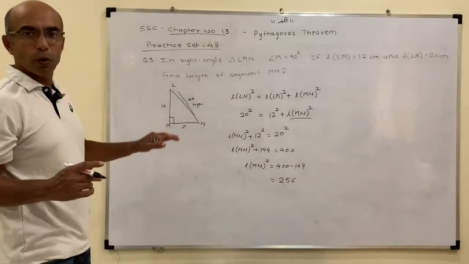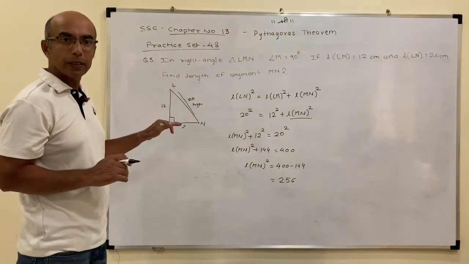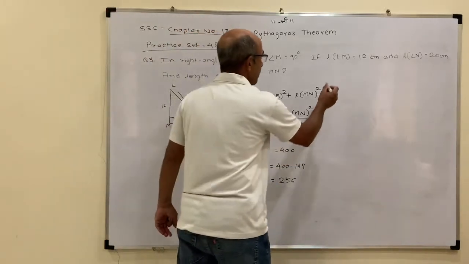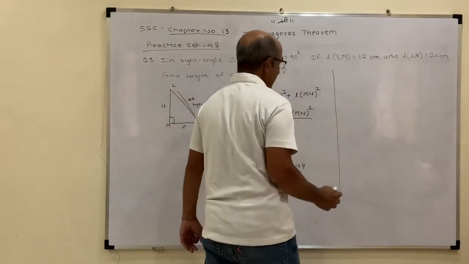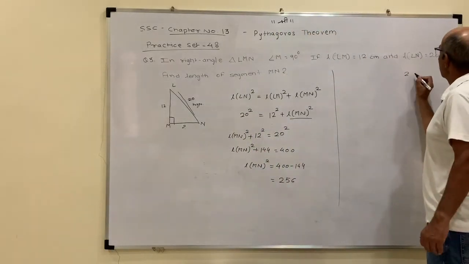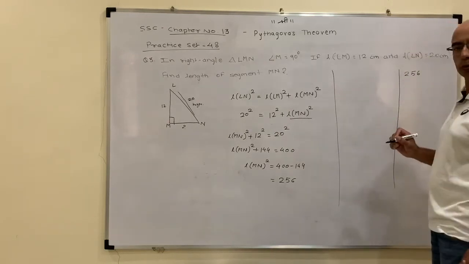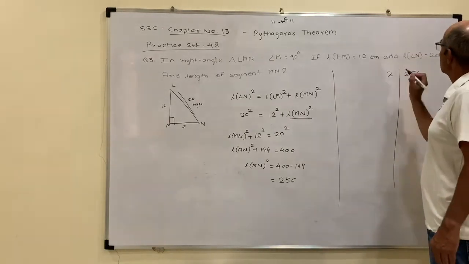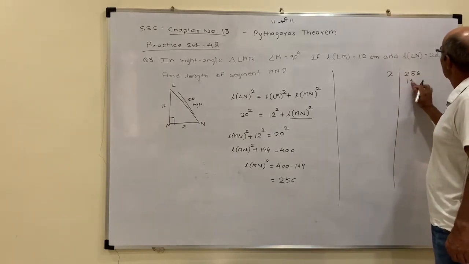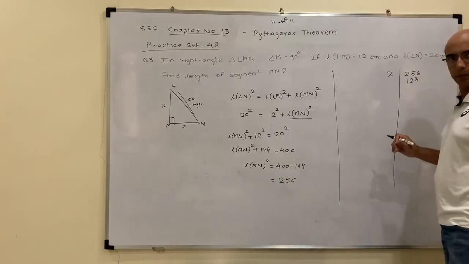Now let's see how to find the square root of 256. This is already covered in the chapter indices, but let's do that again. I write 256, and I'll be using the binary method. So I use 2: 2 ones are 2, 2 twos are 4, 2 twos are 4, 2 eights are 16, 128.